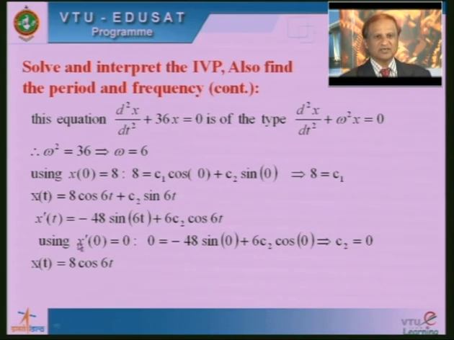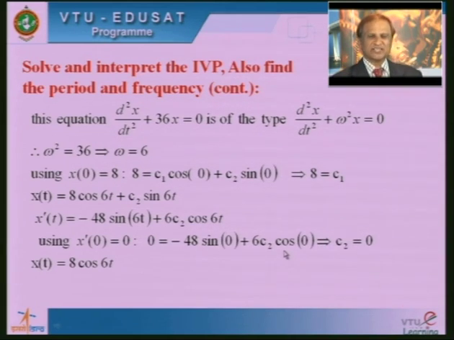Now I want to use another condition, x prime of 0 is equal to 0. I will substitute 0, and t is also 0. Again, as usual, sin 0 is 0, which means the first term becomes 0. So, 6 C2 cos 0, which is 1, is equal to 0. That implies C2 is equal to 0.